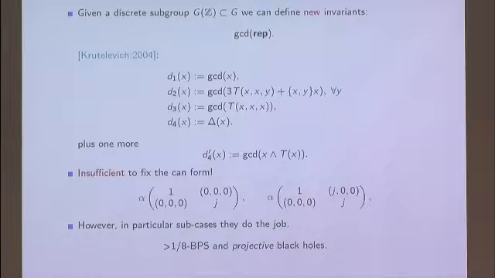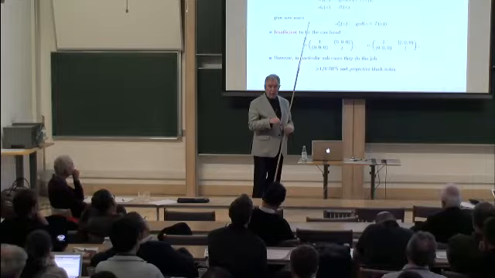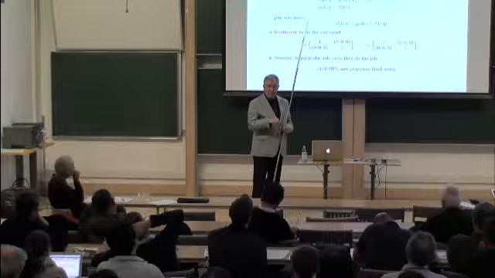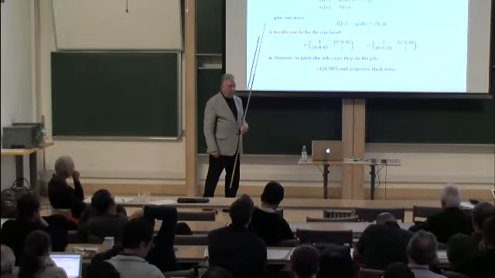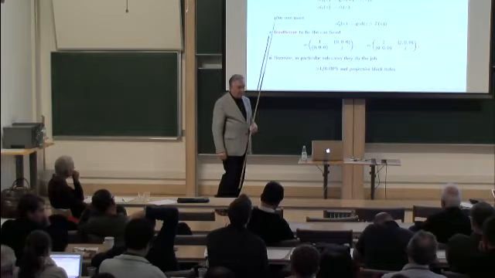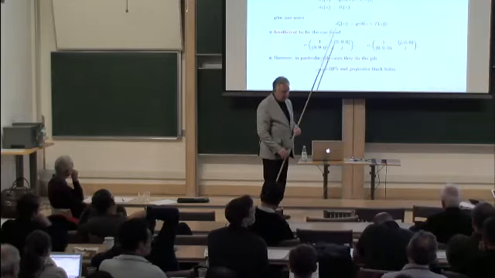Now, if you could reverse engineer, if someone gave you these invariants, you could recover the black hole that gave rise to them, then you would be able to classify all the black holes. And in certain circumstances, we can do that.